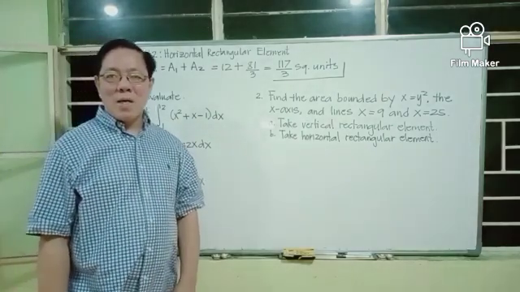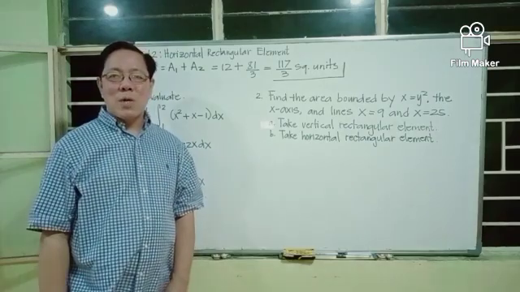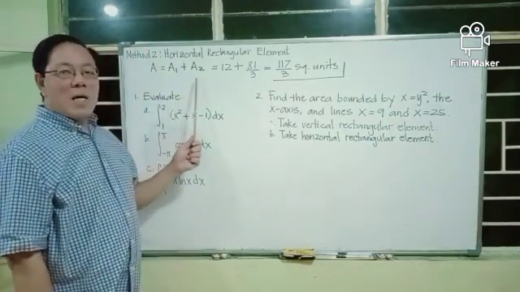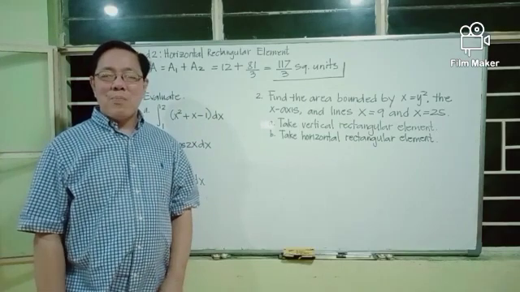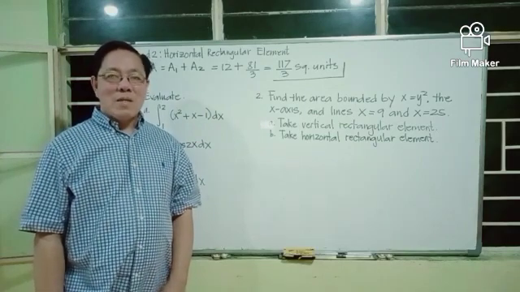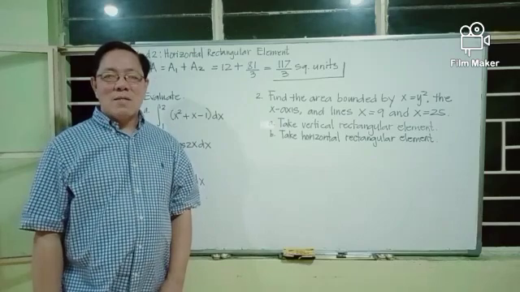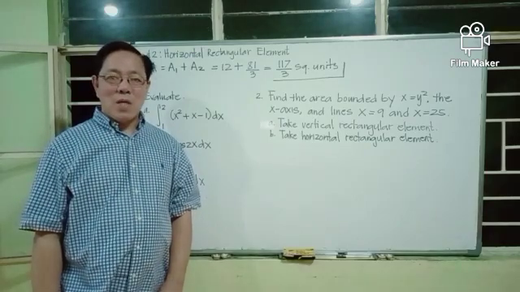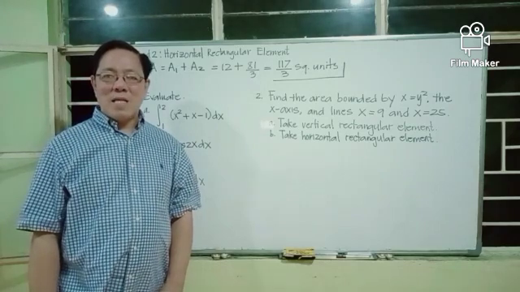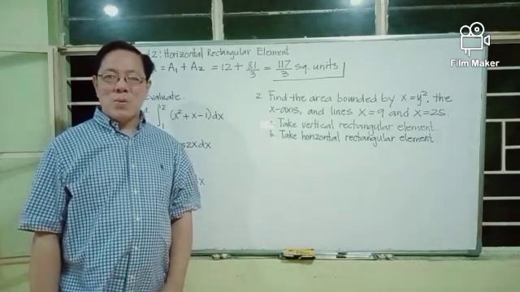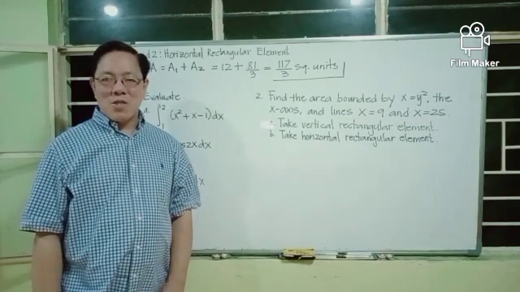We have to divide the required area into two areas, A1 and A2. And the choice between method 1 and method 2 depends on the graph, the area that is shown in the graph. And that completes our lesson, Introduction to Definite Integration.